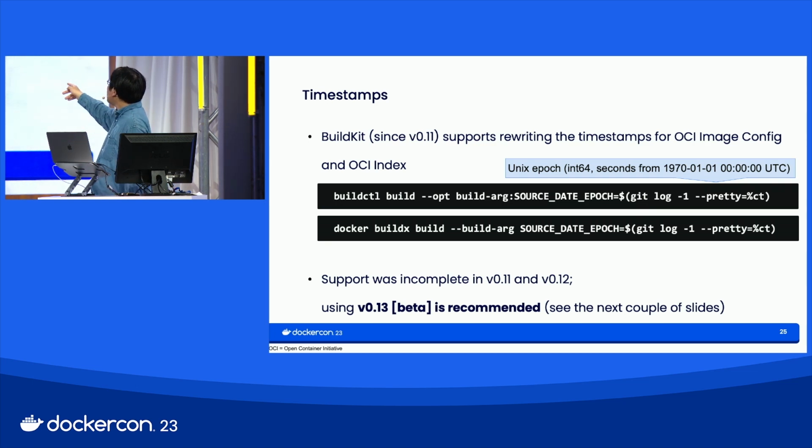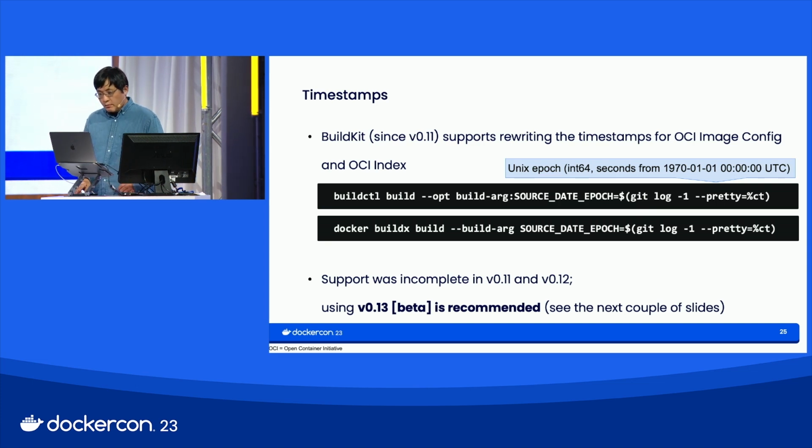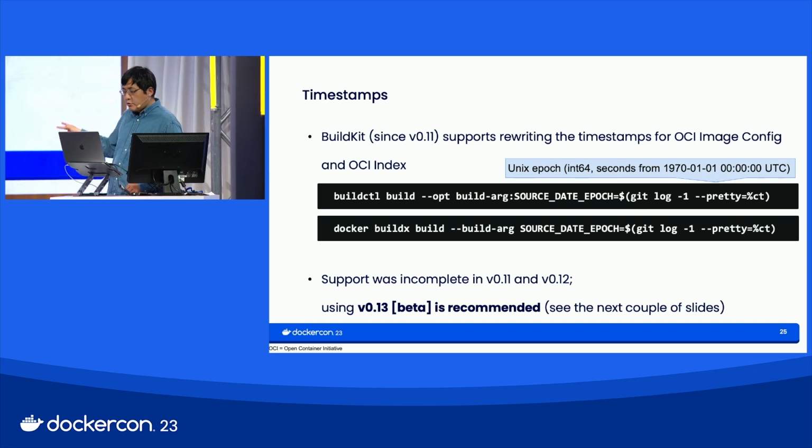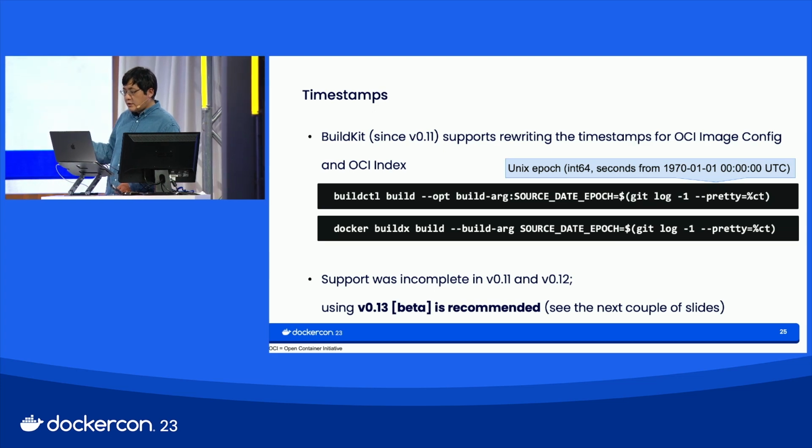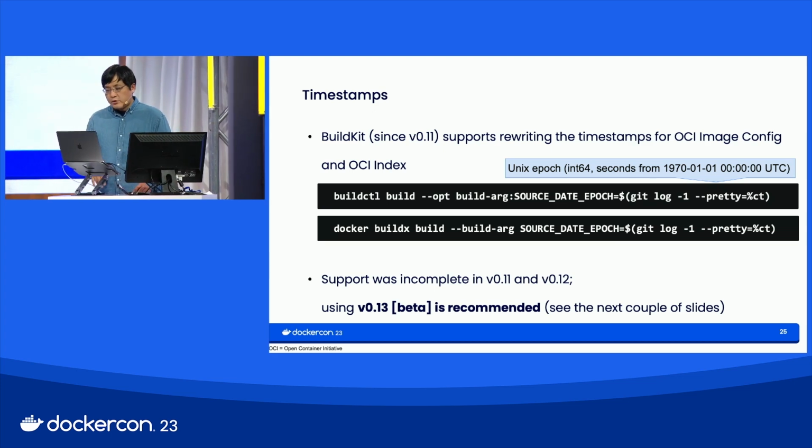This is a Unix epoch number, an integer that represents seconds since January 1st, 1970 in UTC. In this example, the git log command is used to set the SOURCE_DATE_EPOCH value to the timestamp of the current git commit.